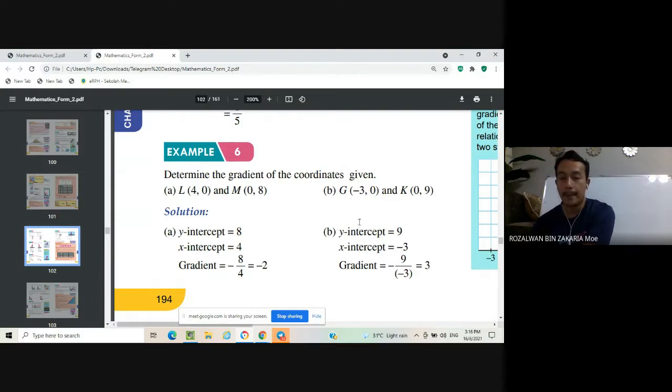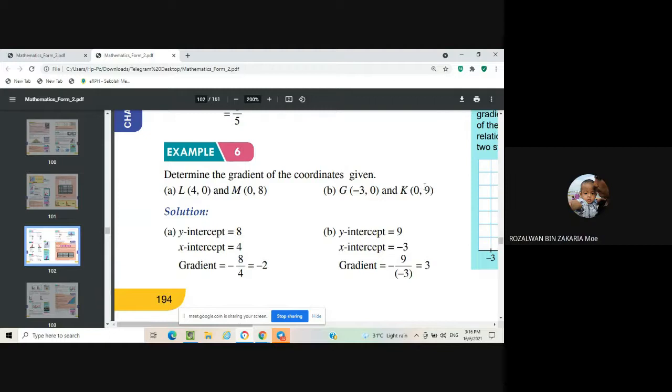The y-intercept is equal to 9 because the value of x equals 0 for point K. The x-intercept is equal to minus 3 because for point G, the value of y equals 0.